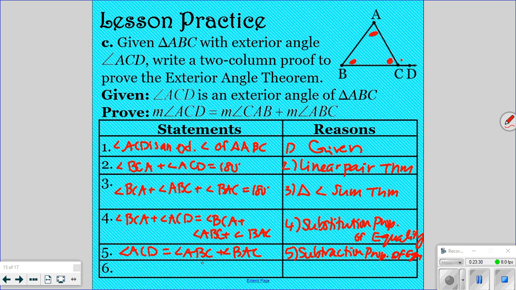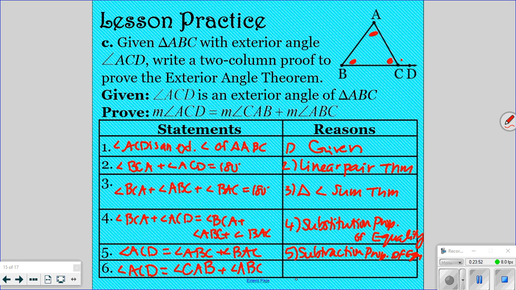And then the last thing to do is just to rewrite it. So this is CAB, if you write it the other way. And then this one is angle ABC. And that's what it had you write.